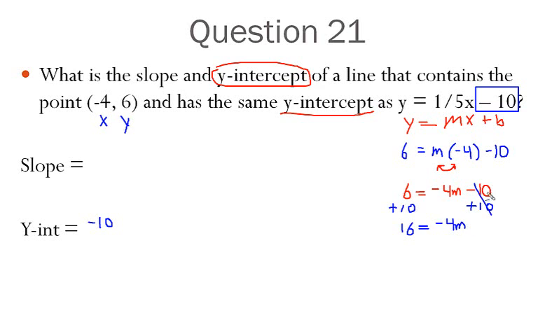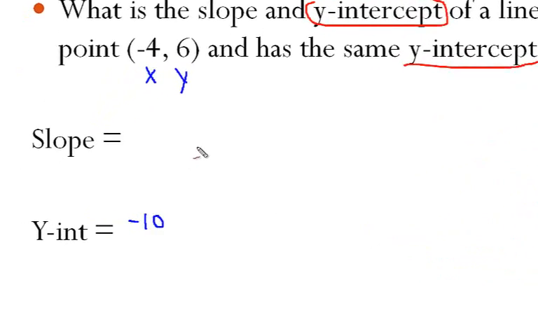This term here got canceled out. Now I still want to isolate m, so I'm going to divide by negative 4 to get m by itself. This term gets canceled out. I get left with m equals 16 divided by negative 4, which gives me negative 4. So m equals negative 4. That's my slope.